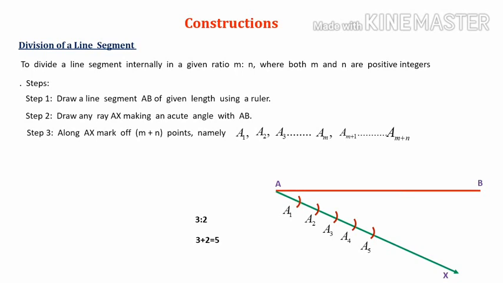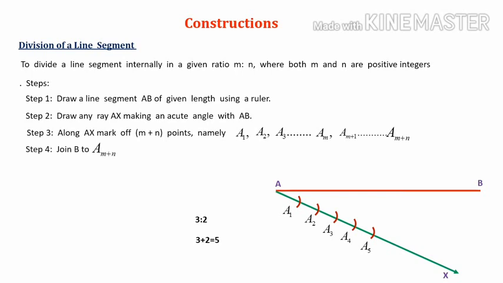Then using the same radius you fix the compass here and draw the arc again. And again fix the compass here and draw the arc, it comes here. And again fix it, draw the arc, and finally reach here. Then we mark these arcs as A1, A2, A3, A4, A5.